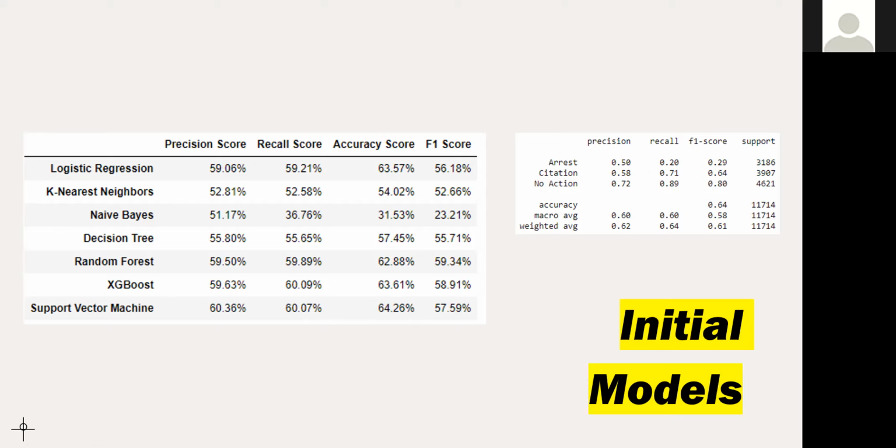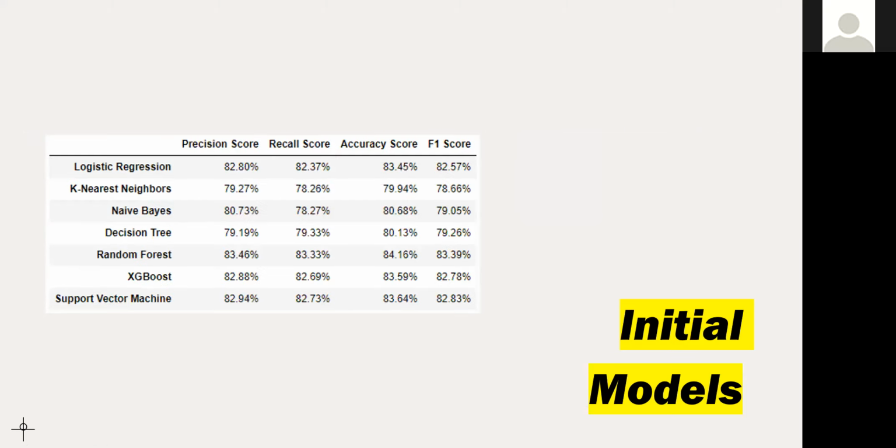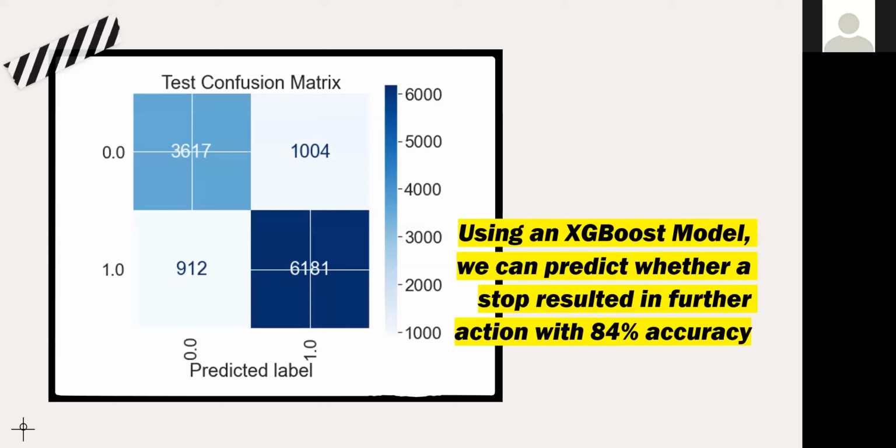So to combat this, I condensed arrest and citation into one category and built my second model to predict whether or not a stop resulted in police action. And you can see that this greatly increases the accuracy of the model across several different models. By tuning an XGBoost model with grid search, we're able to predict whether a stop results in further police action with 84% accuracy, which tells us that there is something that these stops have in common.